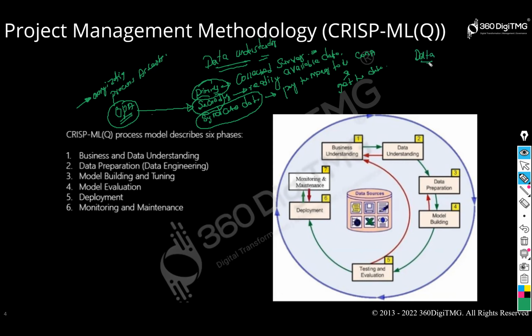Data is a piece of information. All pieces of information are called data. Data is something which can be measured.